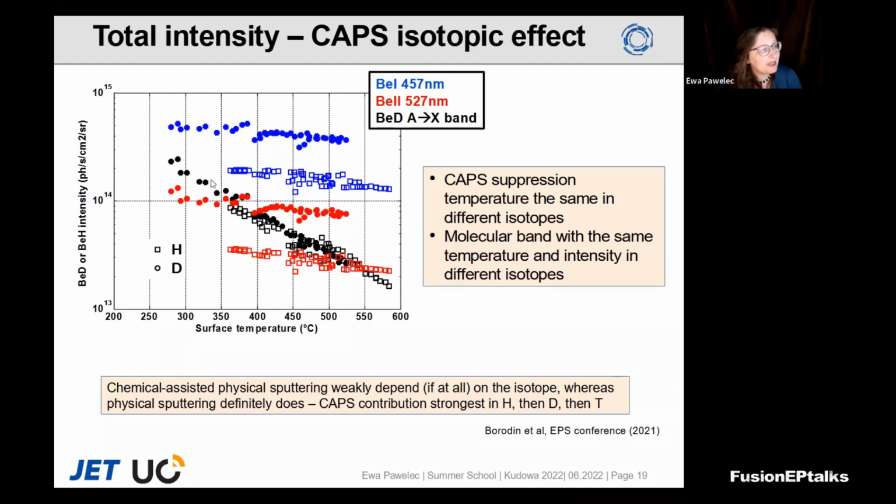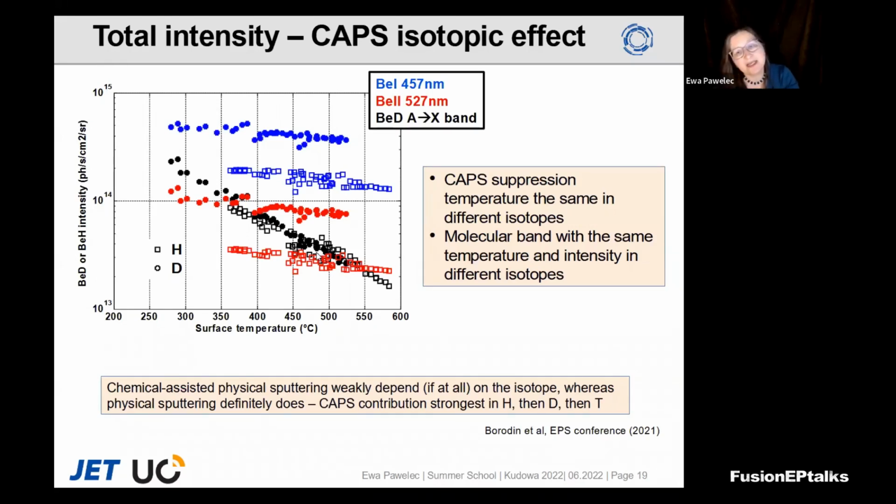And you can see that the hydrogen and deuterium cases, hydrogen and deuterium molecular band, are behaving very, very similar in the dependence on the surface temperature. And you can see that both the beryllium atom and beryllium ion are also descending with the temperature due to that. So we are suppressing part of the erosion.